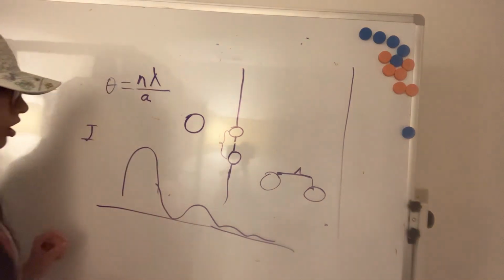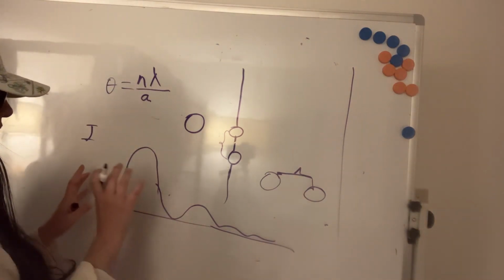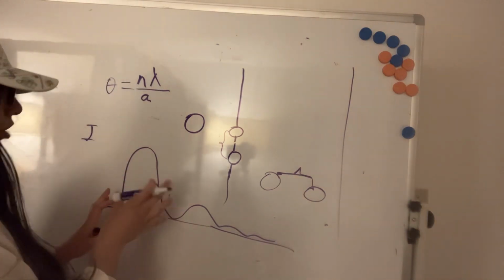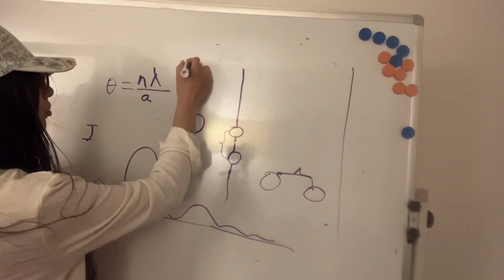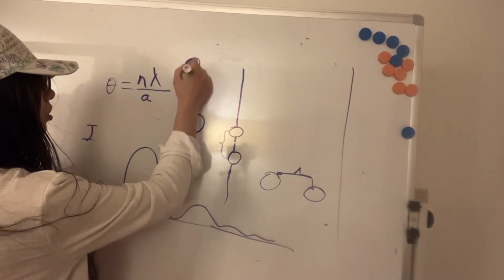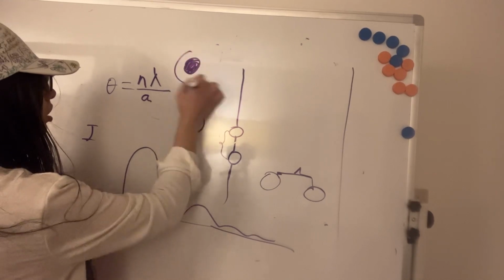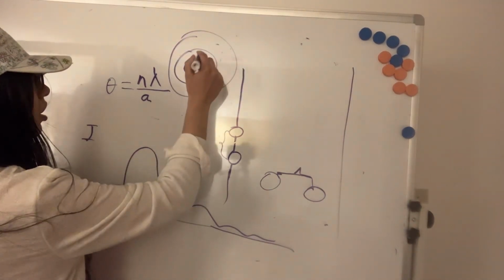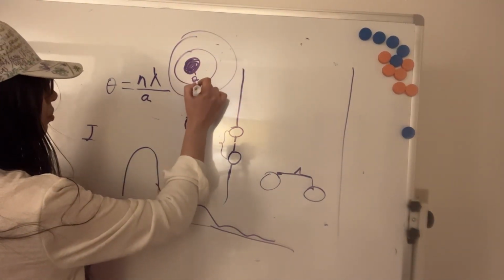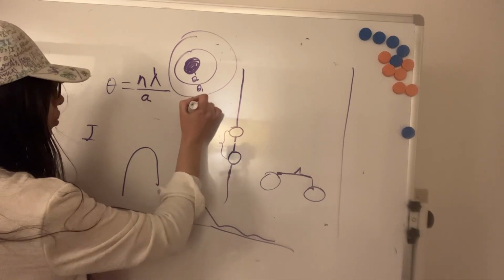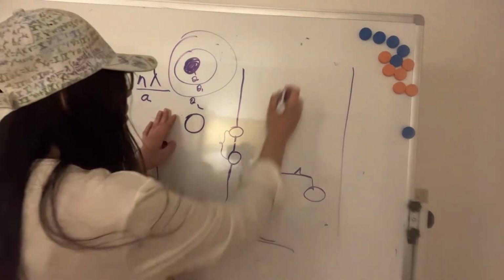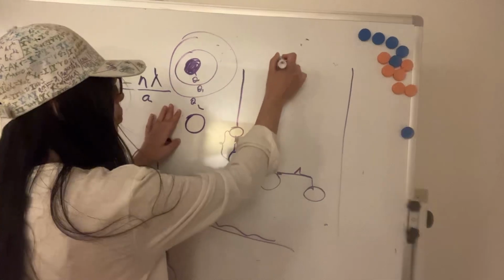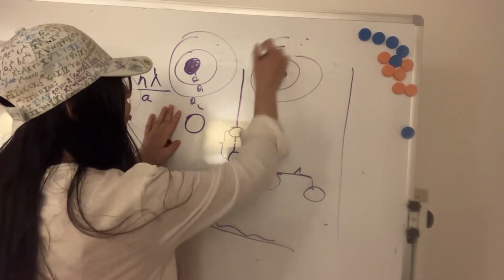Here we have the diffraction pattern for one. This would be theta 0, this would be theta 1, theta 2. This is for one opening, and this is for the other opening.